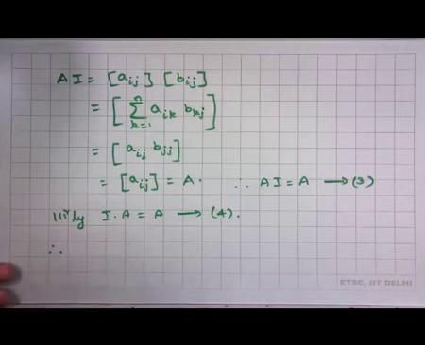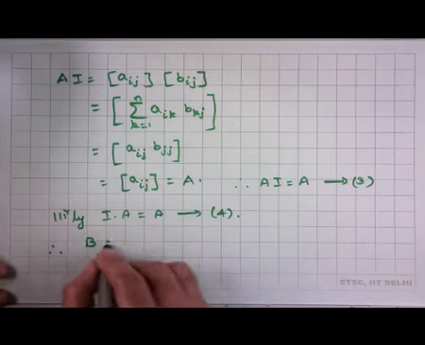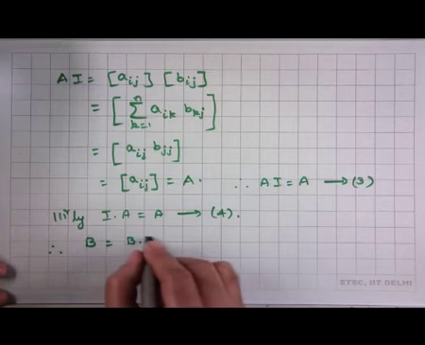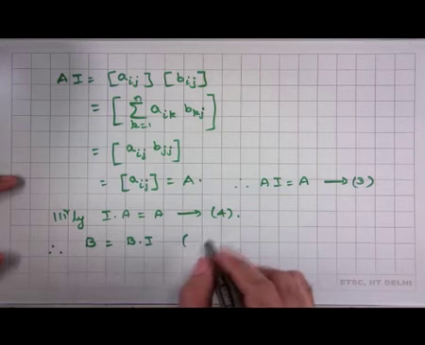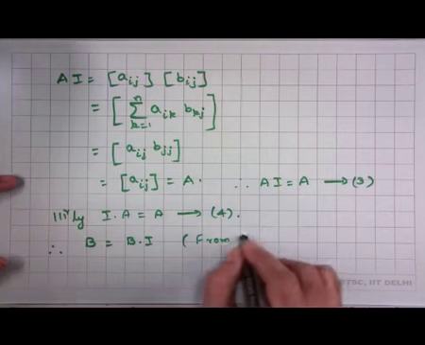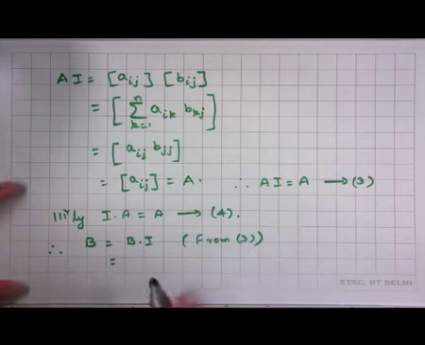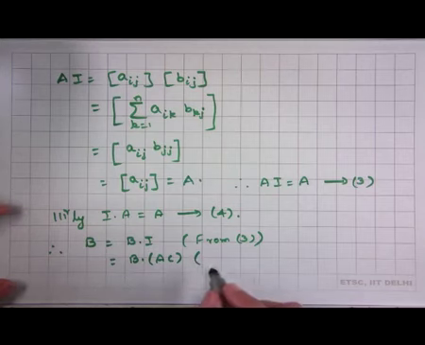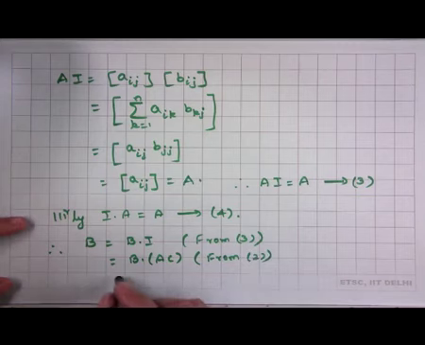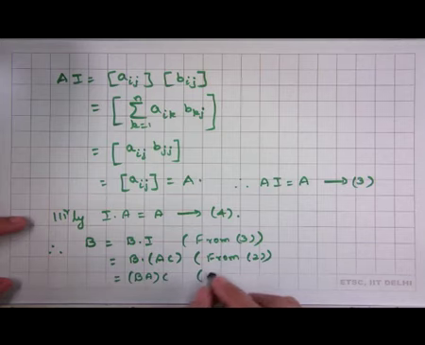Therefore, let me start with B. B equal to B times I, this is from 3, but I is AC, so this is B times AC, which follows from 2. This is the same as BA times C by associativity of matrix multiplication.